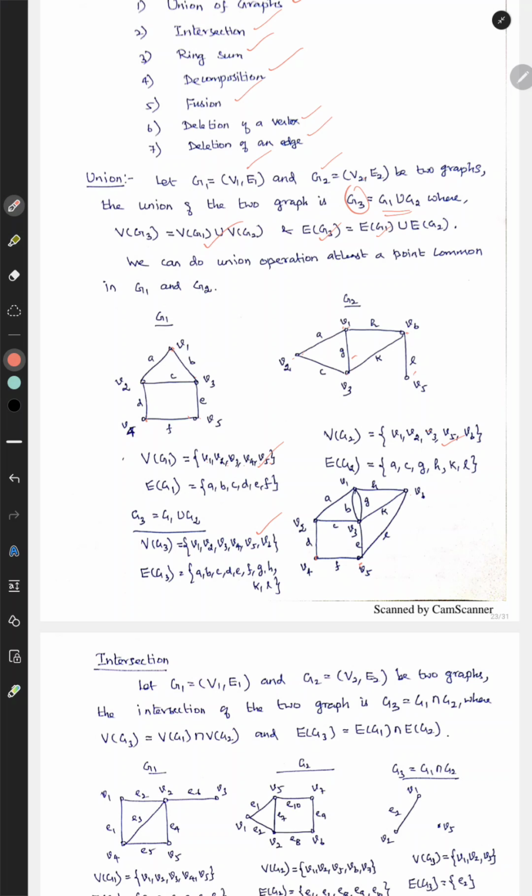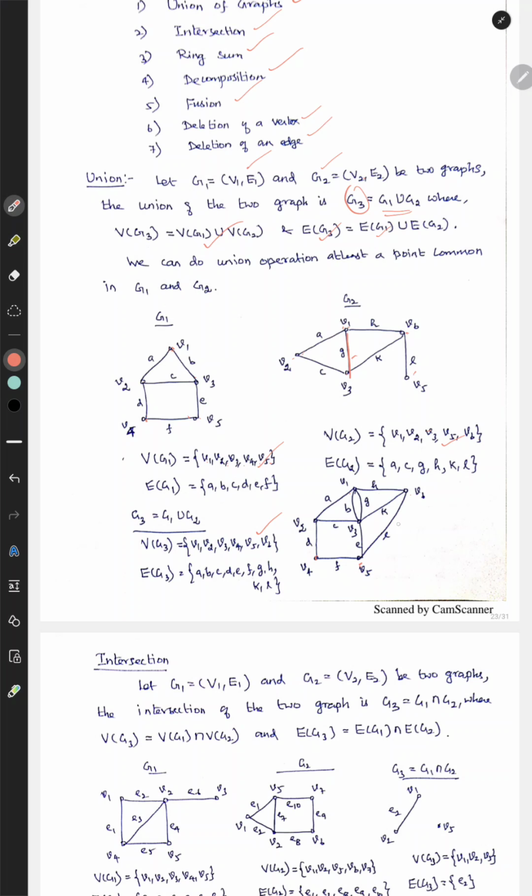Now V1 to V3, in G1 you have an edge B, and in G2 you have another edge G, so you will have two parallel edges in the union, right? Both the edges will be present in the union, so you will have parallel edges between V1 and V3. In this fashion we are going to draw all the edges.